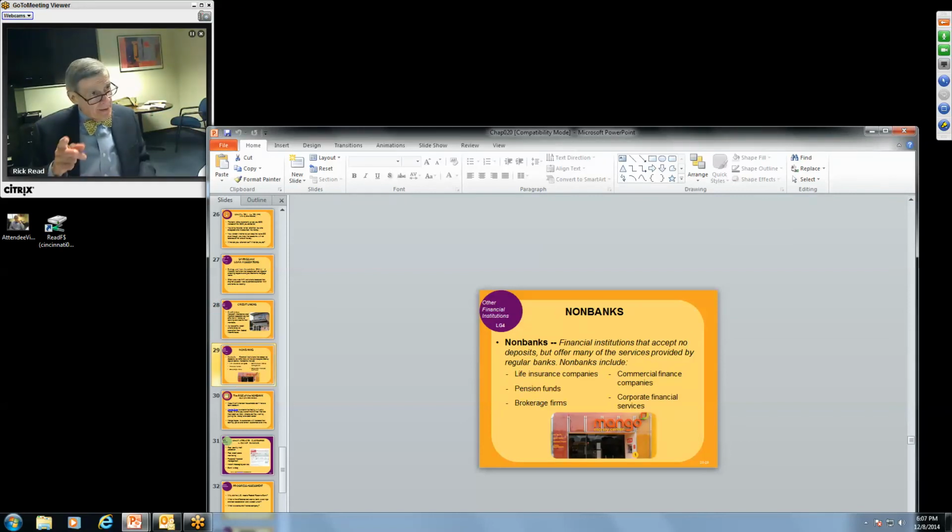And then you have non-banks. Companies, businesses, organizations, institutions, whatever you want to say, that offer banking services but do not fall into the category of commercial bank, savings and loan, or credit union. And notice that companies around here, like life insurance companies.